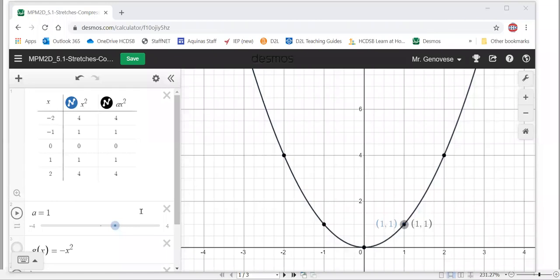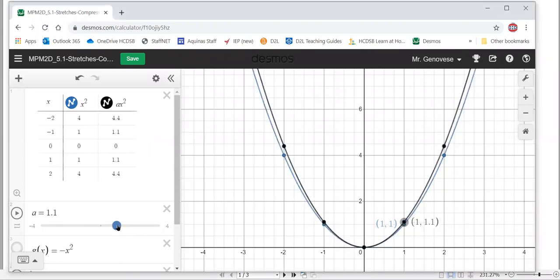As I change this a value from 1 to something bigger than 1, all of a sudden this goes from 1 to 1.1. Now these points start separating, not that much, but very little. This one blue one here is fixed on your parent graph, and the other one is going to change. You'll notice the table's already changed in values.